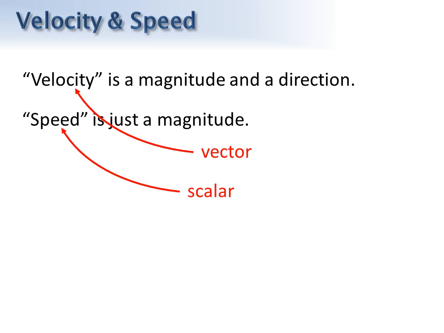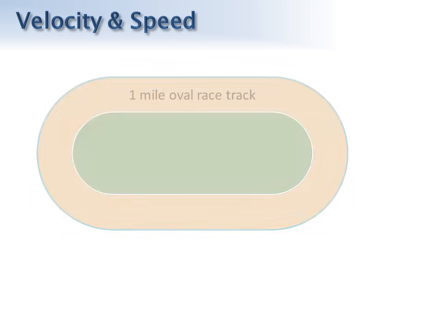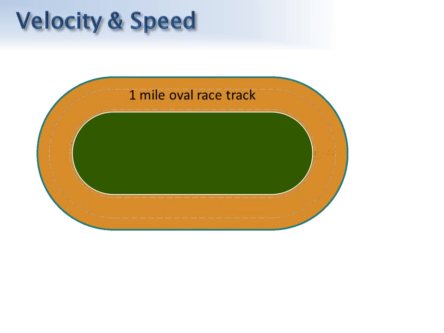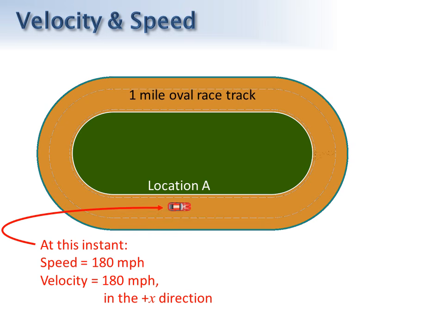To further define these variables, let's consider a race car going around a 1-mile oval track. So here's the car in location A. At this location, let's say the car has a speed of 180 miles per hour and a velocity going to the right. So we'll put this coordinate scheme on here and we'll call the right the positive x direction.